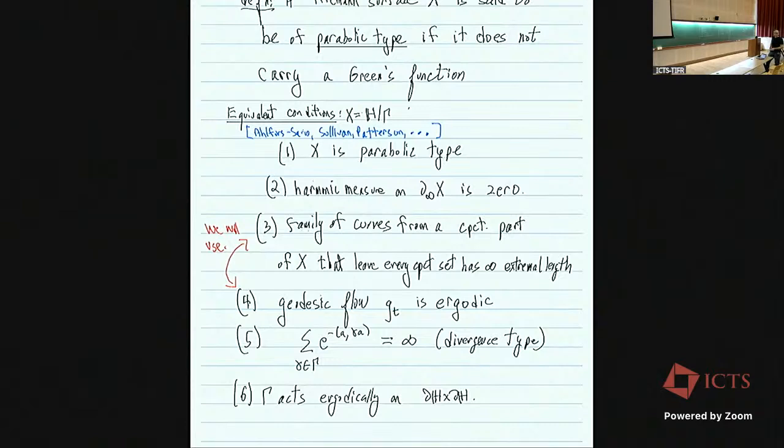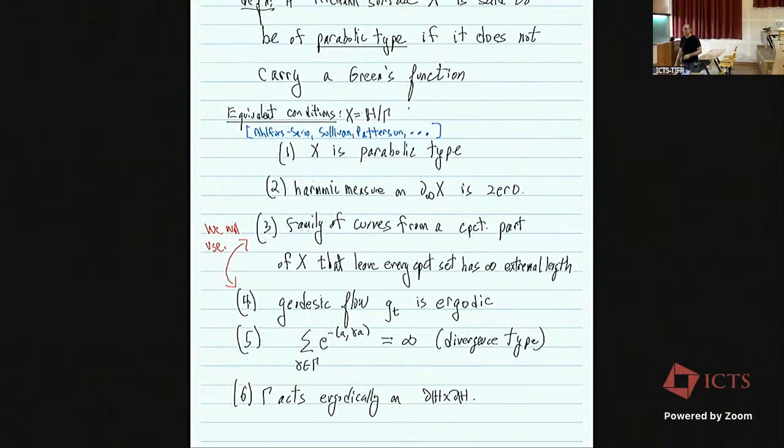This is called divergence type. And that's equivalent to the Fuchsian group gamma acting ergodically on the product of the boundary. So you could think of the last 3 as involving the hyperbolic geometry, and the first 3 as involving the complex analysis.